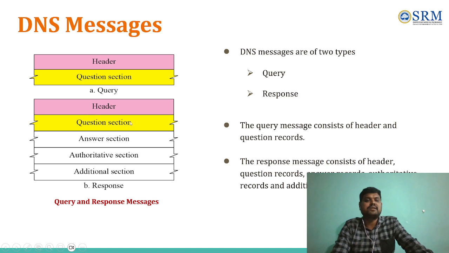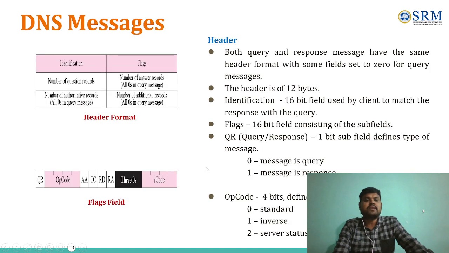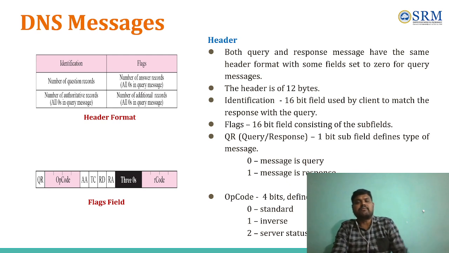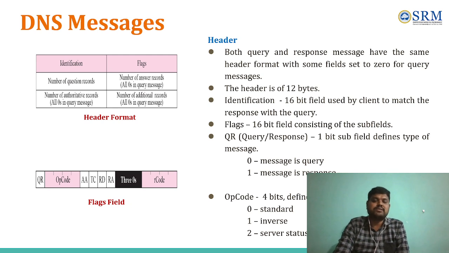The response message has, in addition to the header and question, the answer for the question, the authoritative section, and the additional section. The header size is 12 bytes. The query message is usually denoted as Q, and the response message is denoted as R.